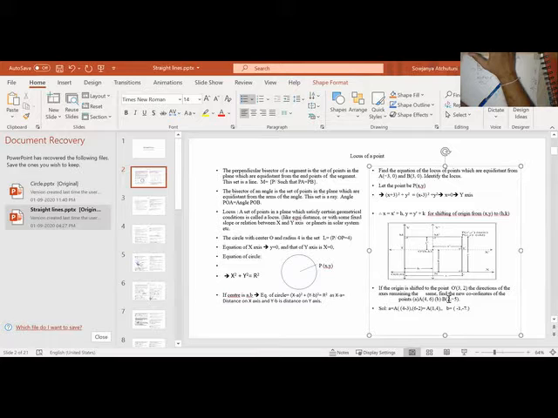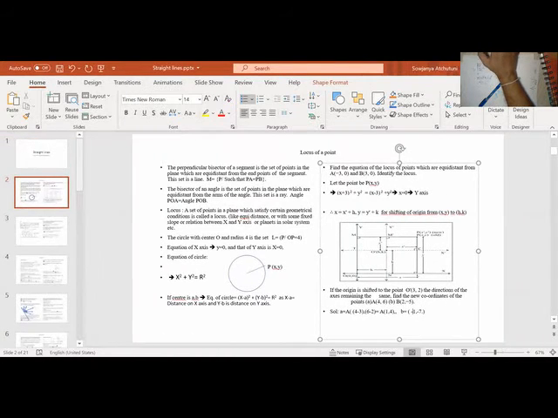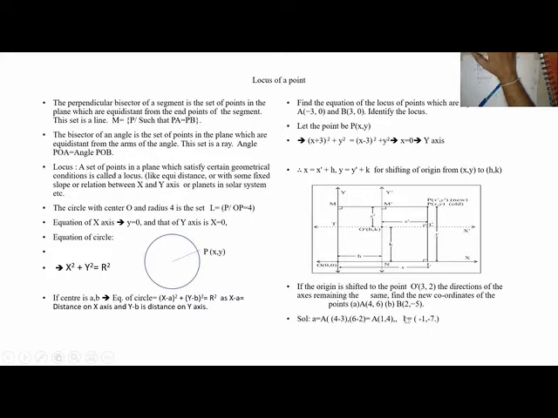Because the axis is shifted to 3, it is 2 minus 3, which is minus 1, with respect to this axis. Okay, you understand how we shift the axis? We'll go to the next slide.